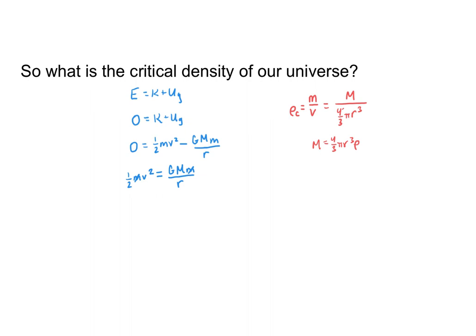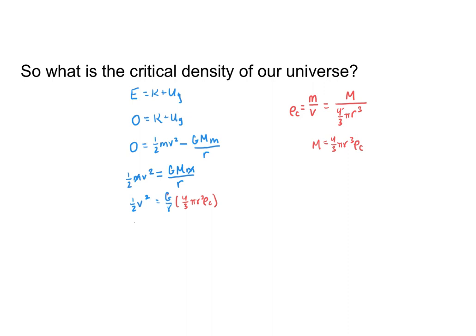In this case, since we're looking for the critical density, we're going to write a little critical density in here. So that means that 1/2 v squared is equal to G divided by r times M, which is 4/3 pi r cubed times the critical density. Let's simplify.